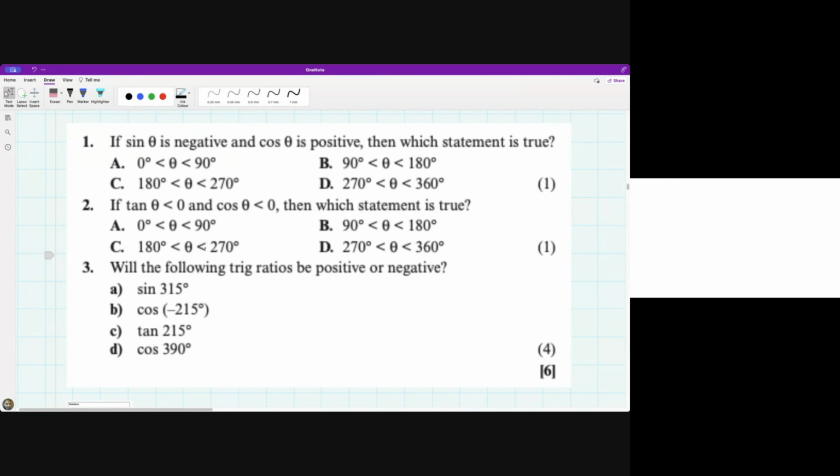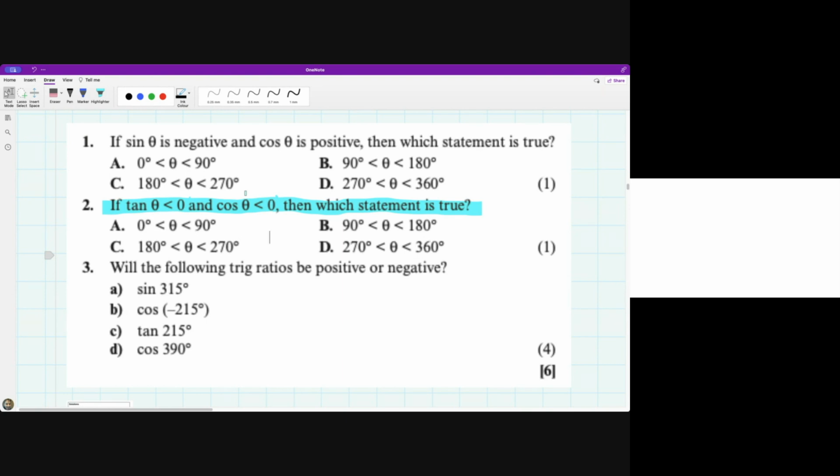All right. I want to know, if the tan of theta is less than naught and the cos of theta is less than naught, then which of these statements is true? If you know the tan of theta is less than naught and the cos of theta is less than naught, then is theta between naught and 90? Is it between 90 and 180? I want you to vote. Which option?